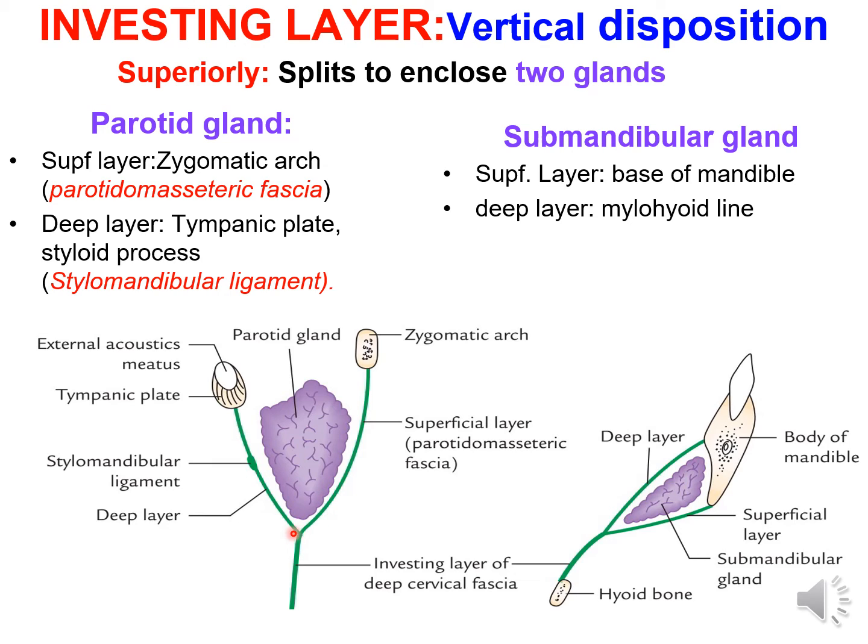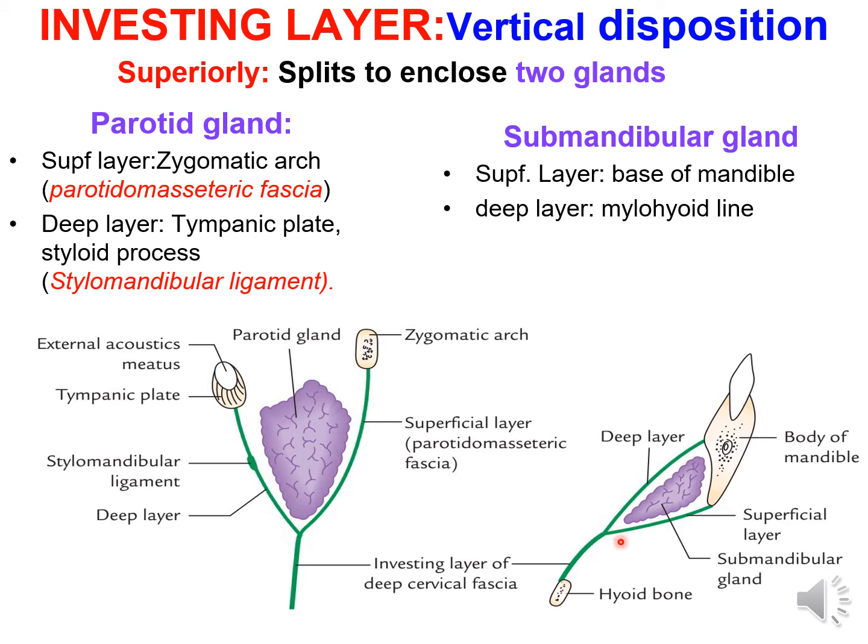Similarly, the deep fascia posterior lamina between the styloid process and the angle of the mandible is thickened to form a ligament known as the stylomandibular ligament. This stylomandibular ligament separates the parotid gland from the submandibular gland.